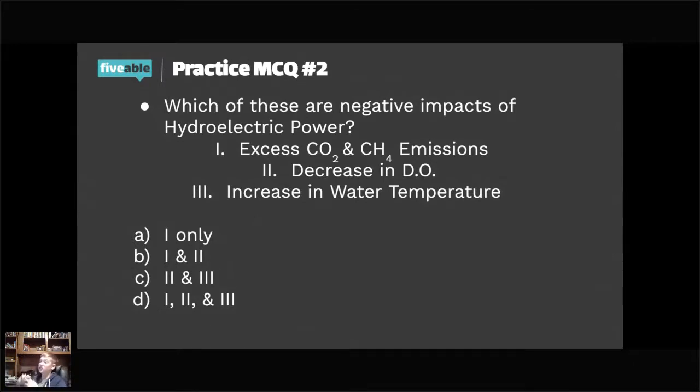So let's look at 2 and 3. So 2, decrease in dissolved oxygen. So the thermal pollution. Thermal pollution can cause the water to get really hot, which is an increase in water temperature.